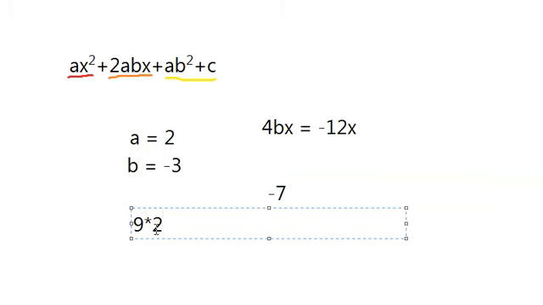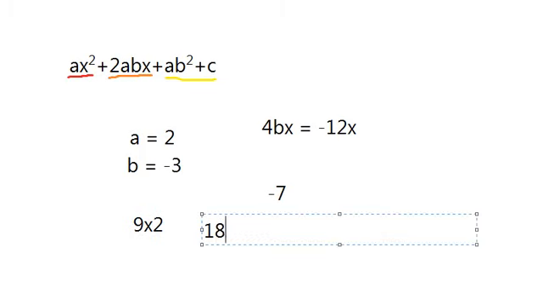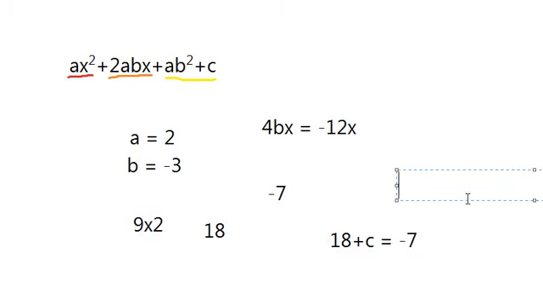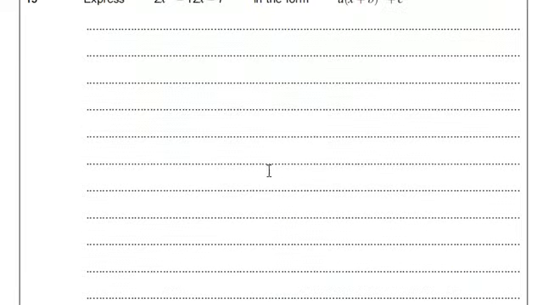So 9 times 2 is actually 18, but 18 plus c is equal to negative 7, so now we just need to rearrange stuff to get that c is negative 25. Now you've got a, b, c, and that is all the question wanted, I think.